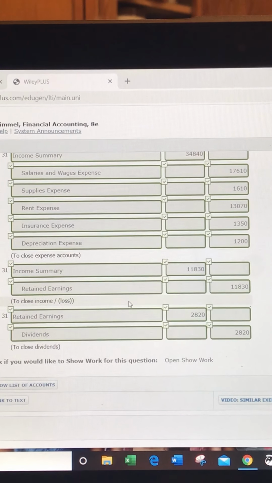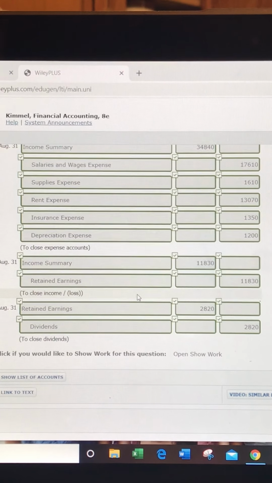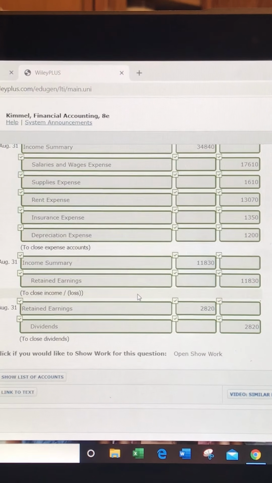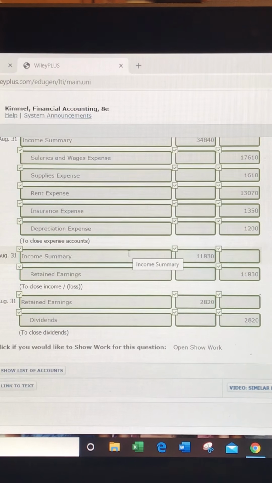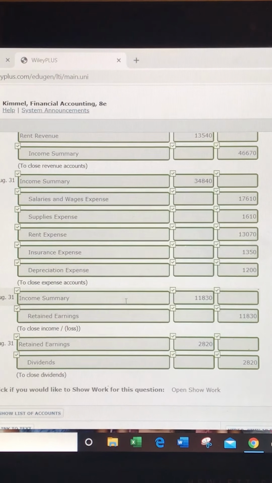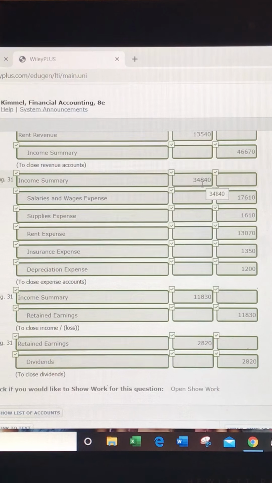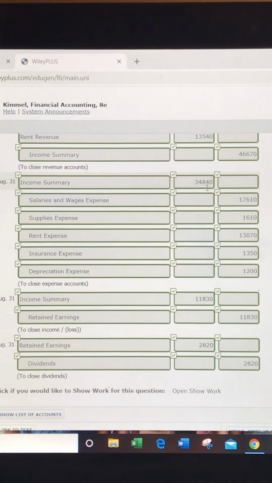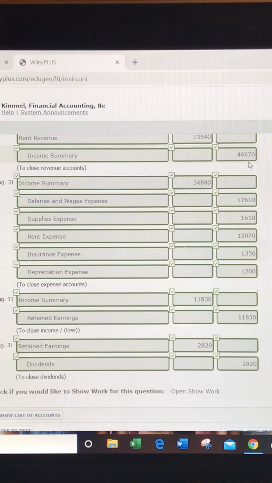The next thing we will do is to close out our income and loss. So we want to close out the income summary, and we received our number, our total, by subtracting $34,840 from $46,670.